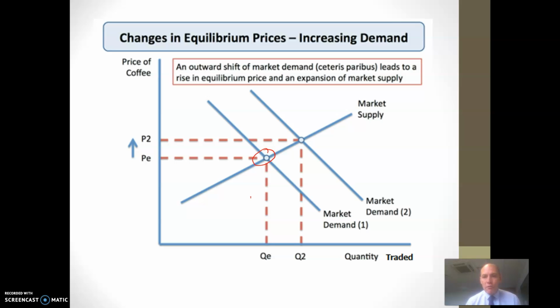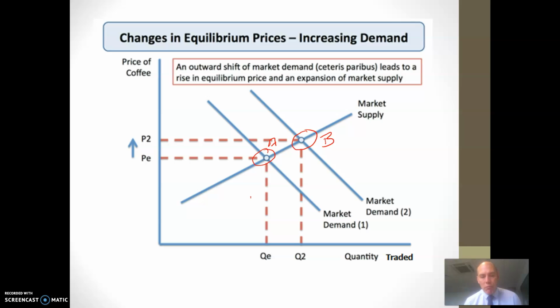When there's an outward shift in demand, maybe caused by an increase in income if this is a normal good, where does the new demand curve intersect the supply curve? It's at this point here, if I call this point B, and the original equilibrium point A.